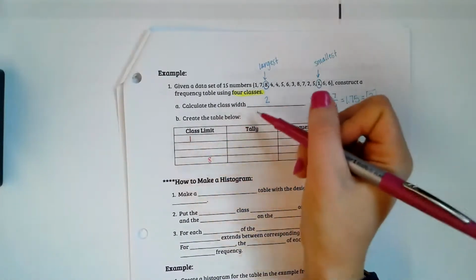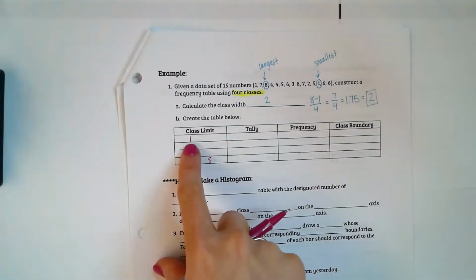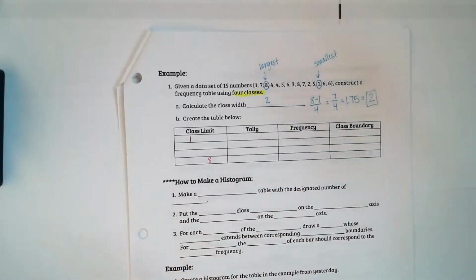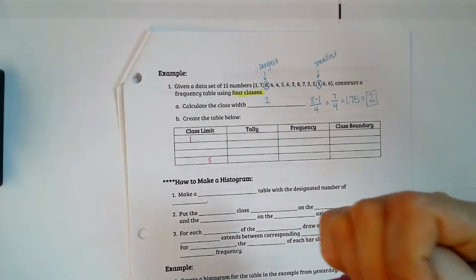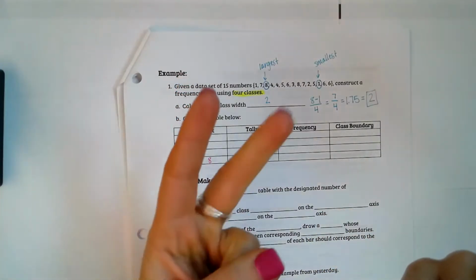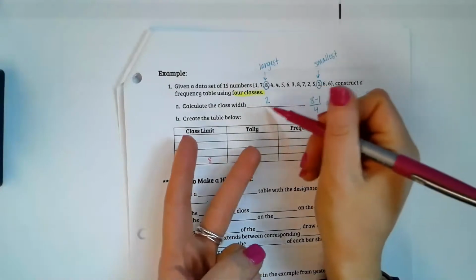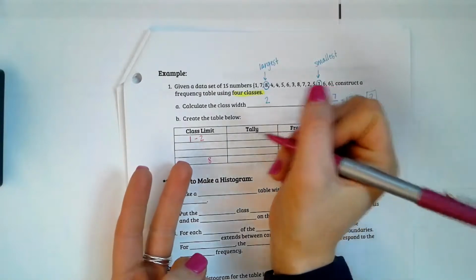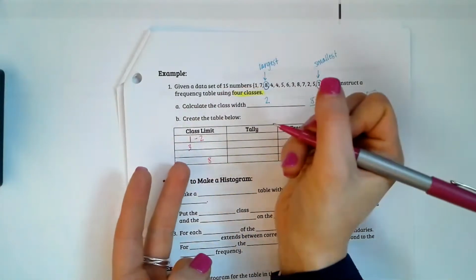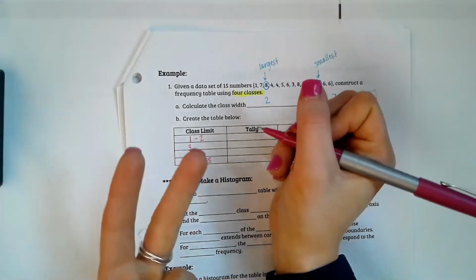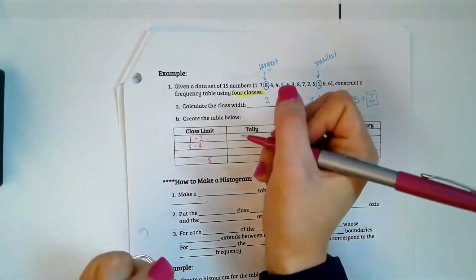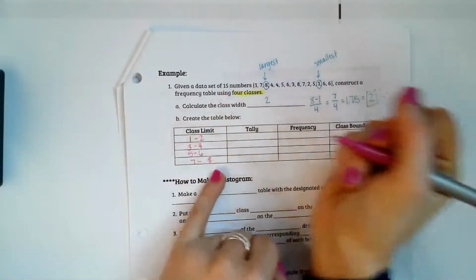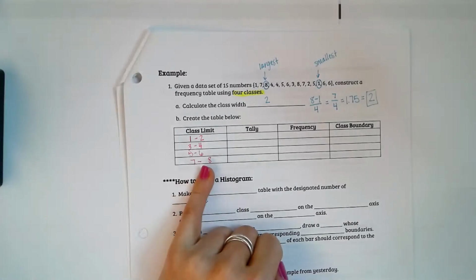To figure out your class limits, you start with 1 and then add 2 to it. Here's the tricky part: you have to include 1 in that value. So you have 1 and then 2. If my class width is 2, this would go through 2. Then the next class starts at the next one, so 3, 4. Then 5, 6, and 7, 8. So you should end on your highest value.